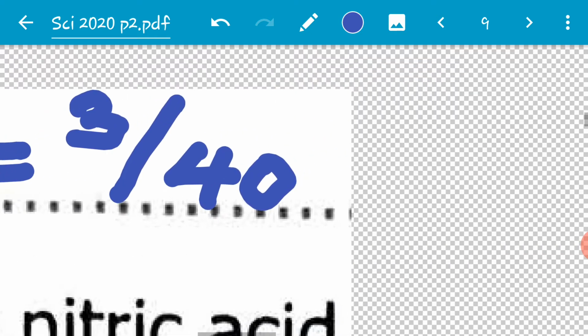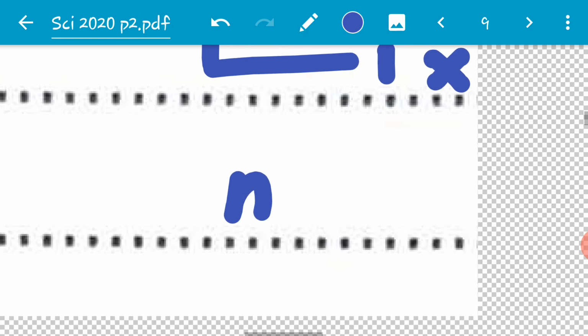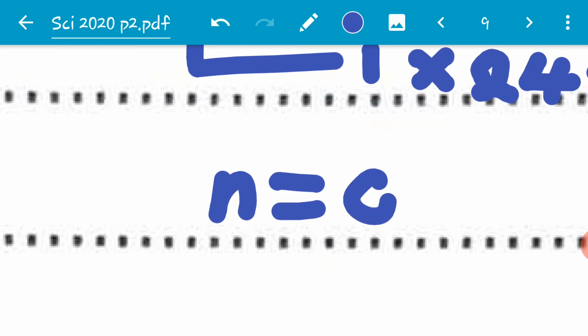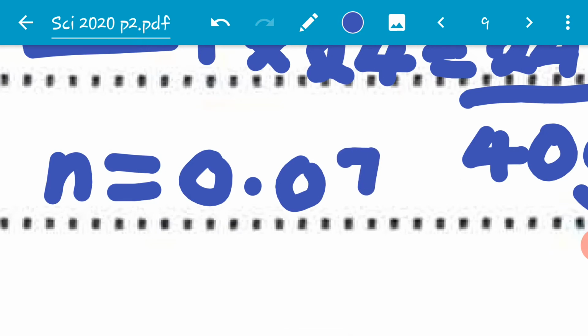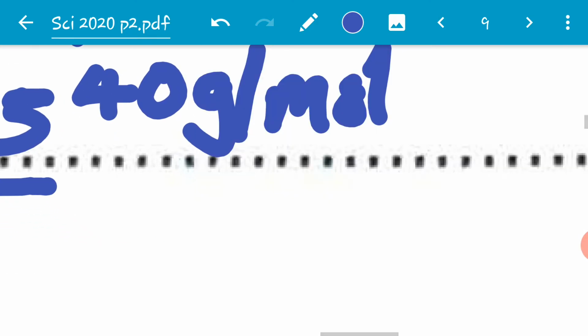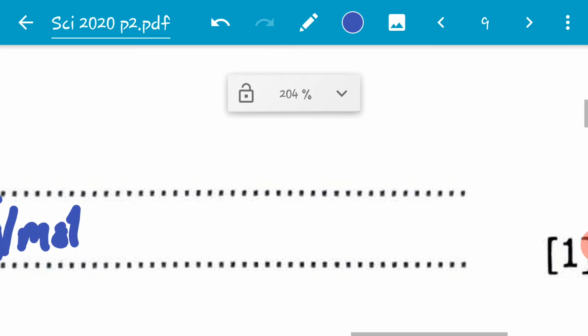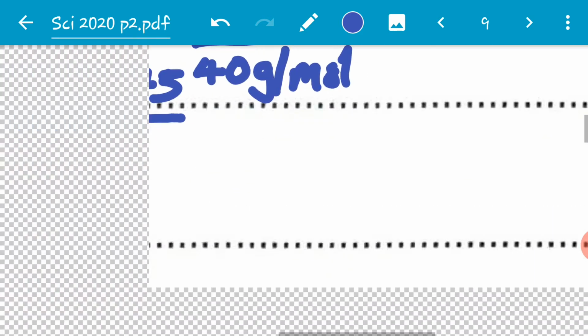So this is the number of moles. Now we find where to write our final answer.